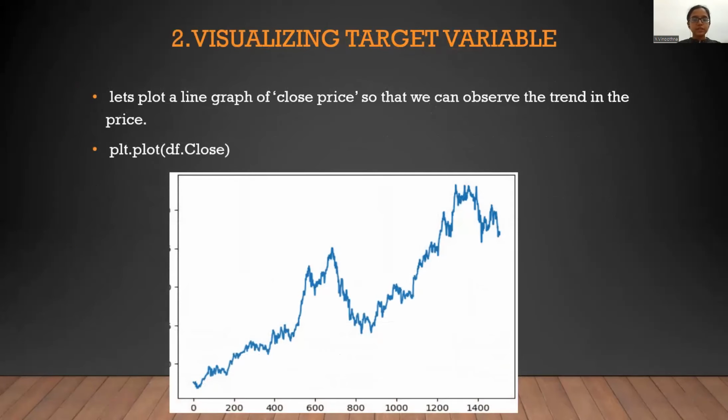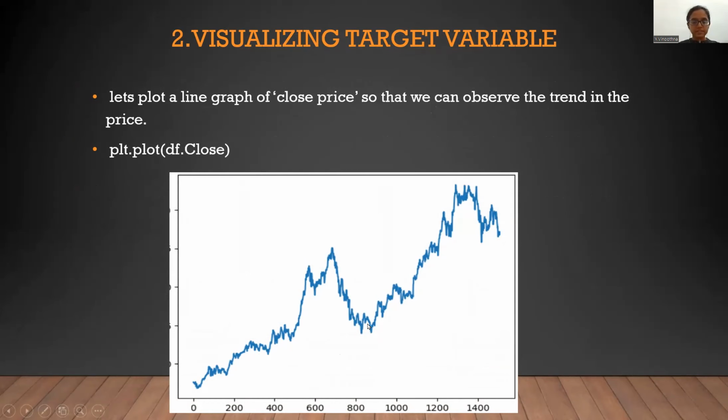The next step: as I have considered the closing price, other than closing price we can consider any price for our prediction, but here, for instance, I have selected the closing price. I am visualizing the target variable, which is close price, by using a line plot. As we can see in the figure, there is an upward trend in the close price, as well as a downward trend.